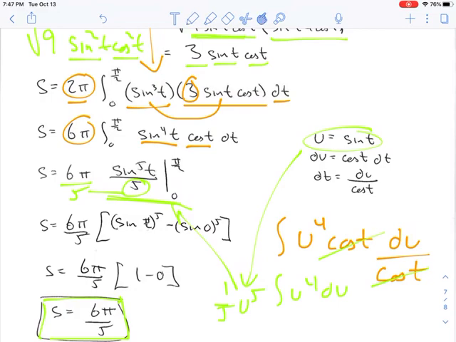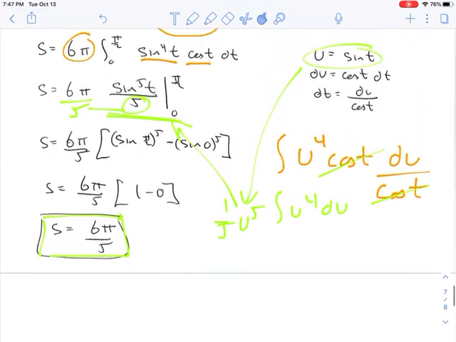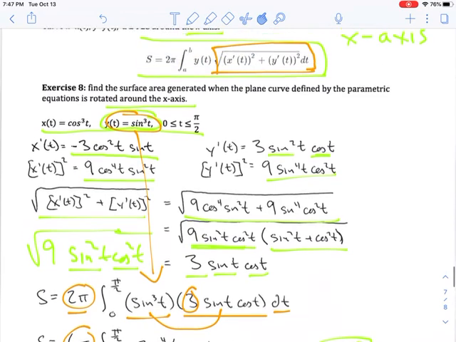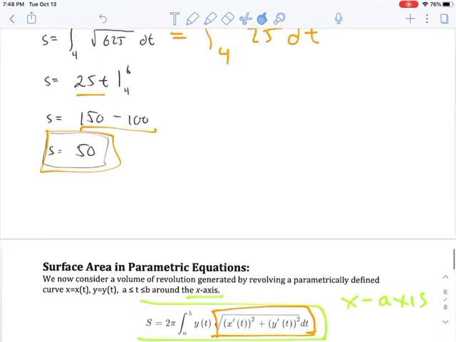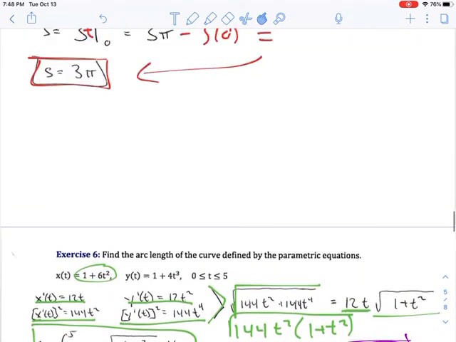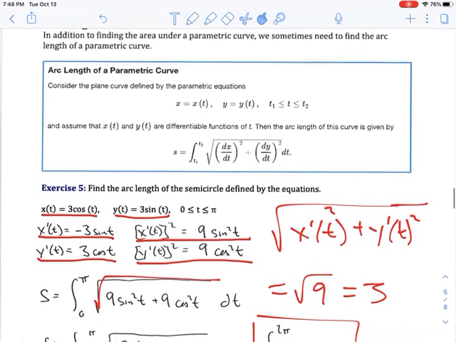And so that brings us to the end of another video. So we now know how to find the surface area generated by parametric curves being rotated around the x-axis. We know how to find the arc length of a parametric curve.